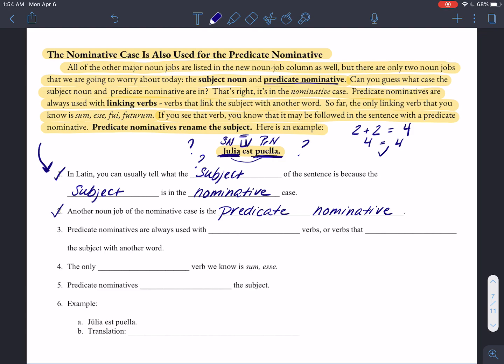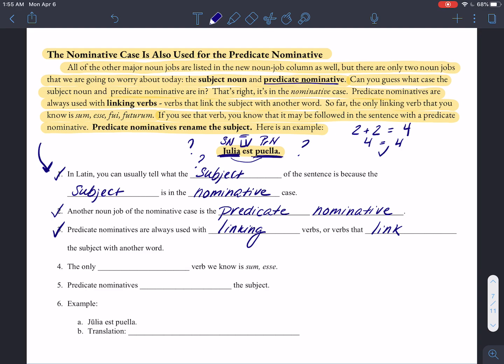Number 3, predicate nominatives are always used with blank verbs or verbs that blank the subject with another word. So predicate nominatives are always used with linking verbs, or verbs that link the subject with another word. So that's number 3.